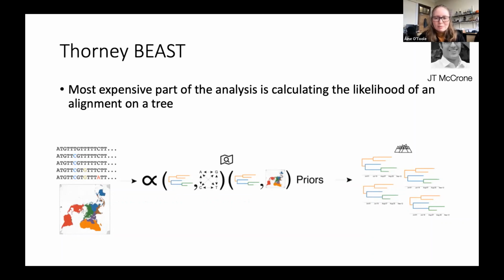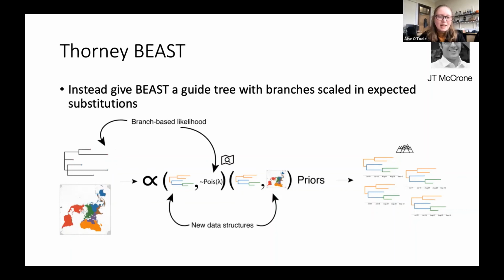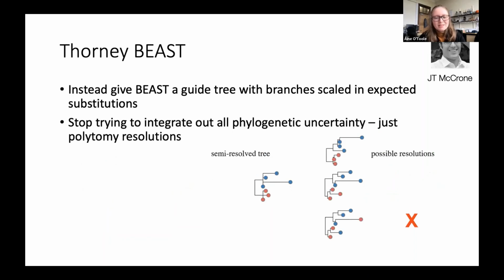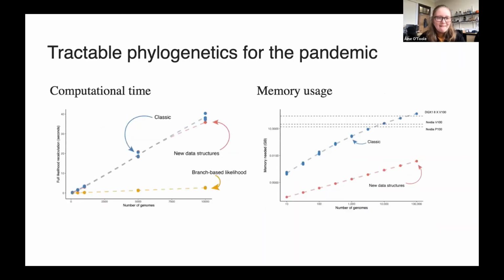The first of these noticed that the most expensive part of the analysis is calculating the likelihood of an alignment on a tree. So they've got rid of the alignment and are using as input a maximum likelihood tree. And the second optimization was to constrain the tree instead of trying to integrate all phylogenetic uncertainty.